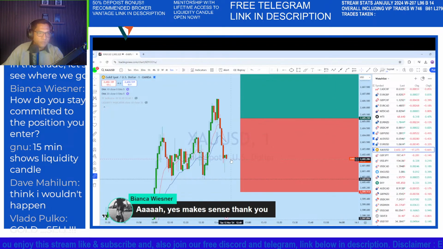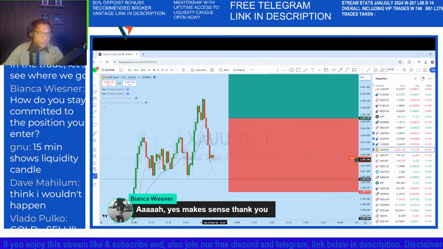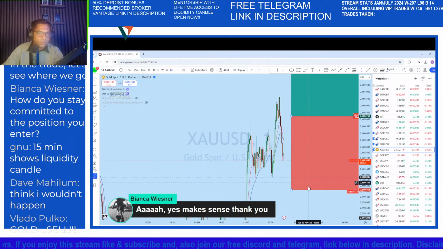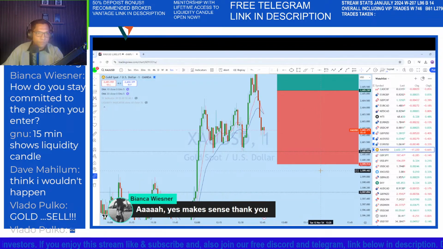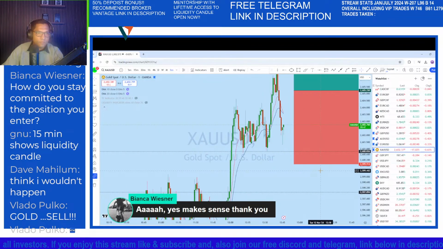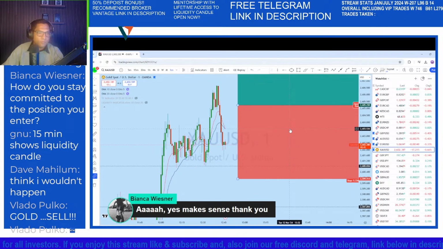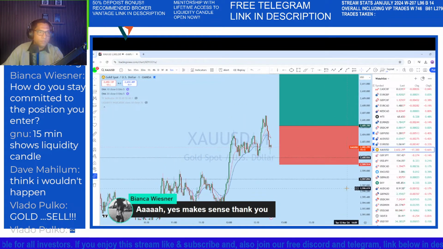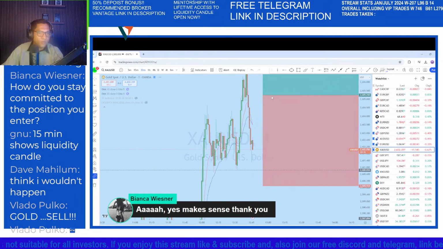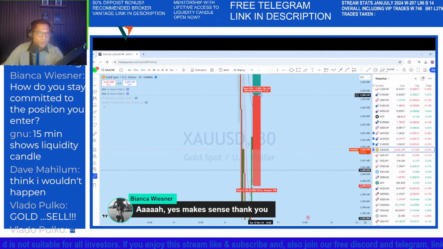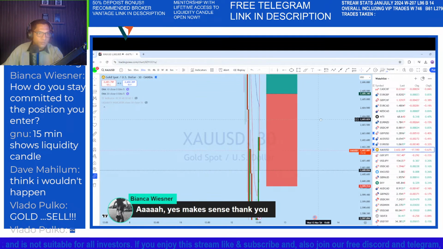If it is bullish, then we should be able to see a return. I think it made a false breakout from the 30 minutes, if we look at it.